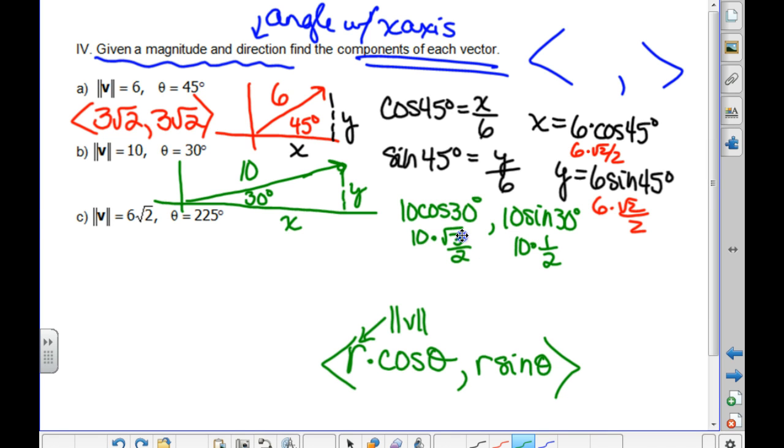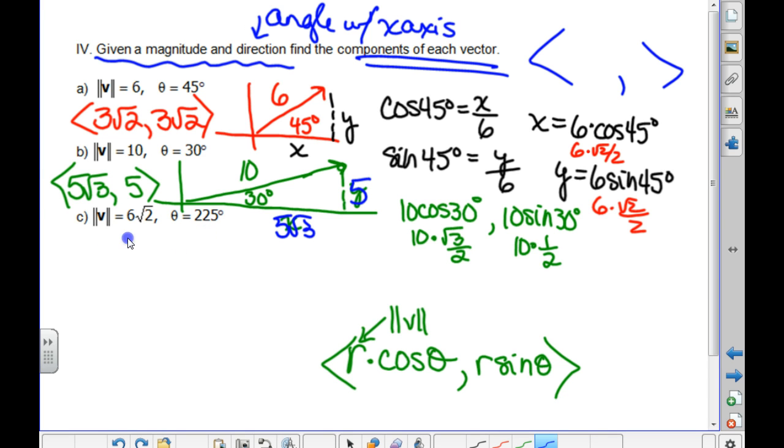So 10 times the square root of 3 divided by 2 would be 5 square roots of 3. 5 square roots of 3 are our components, and 10 times a half would be 5. And again, several people have said, this is the hypotenuse, that means the short leg is half that, and the long leg is 5 square roots of 3 if you were using your special right triangle stuff, if you remember that 30, 60, 90 stuff, which I just taught today in geometry.